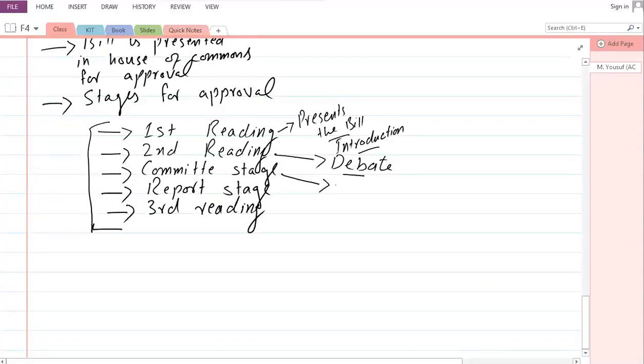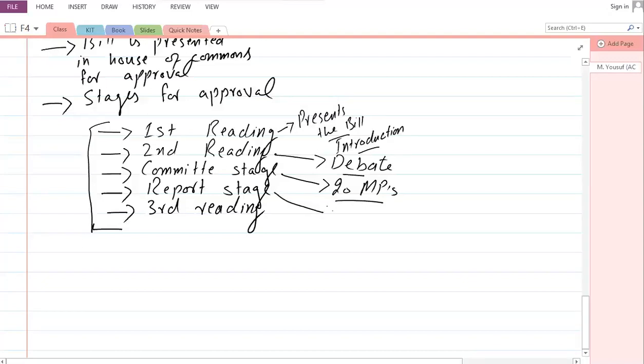A committee of 20 MPs will be made, and the committee's meetings will be held outside the House of Commons, in different corridors or meeting areas. A room will be allocated to that committee, and the committee will hold meetings in that room occasionally, according to the need.